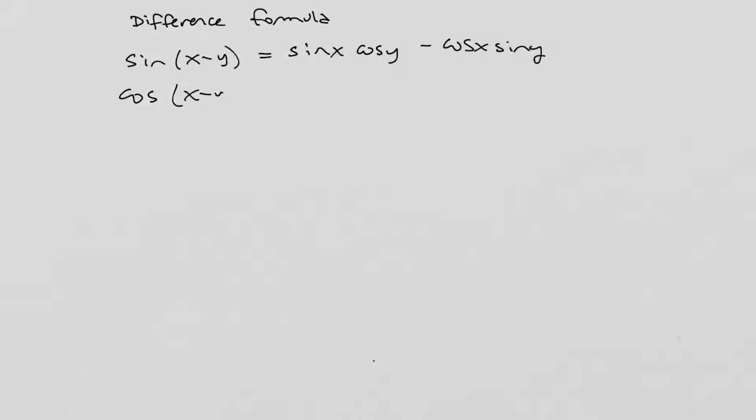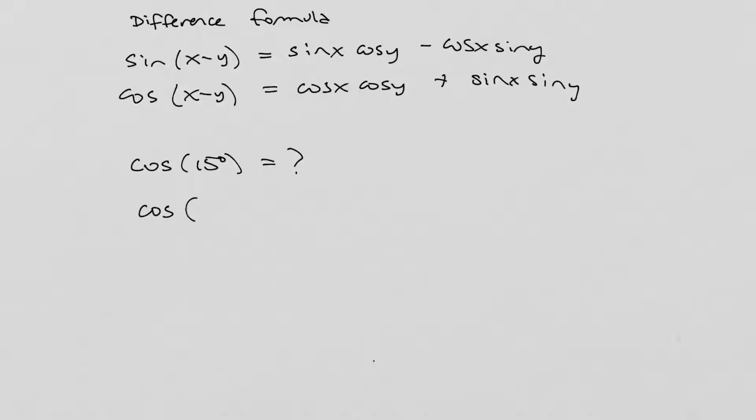And cosine of x minus y is cosine x cosine of y plus sine x times sine y. All right. So what if I wanted something strange like cosine of 15 degrees? Not on the unit circle, but 15 degrees is the same thing as 60 degrees minus 45 degrees. So I could use this difference formula.